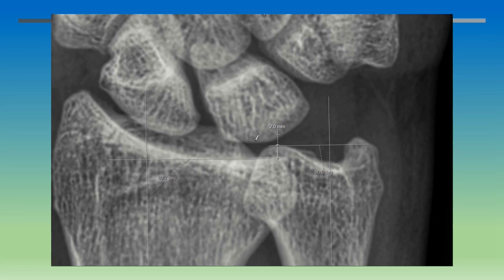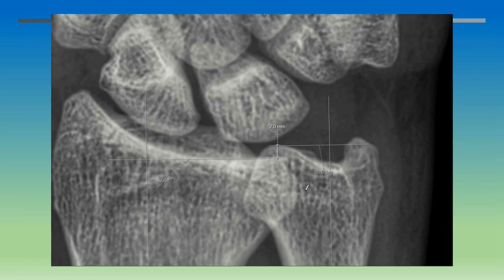And you can see that there's compression here taking place at the ulno-lunate joint. There's compression taking place here at the ulno-triquetral joint here. And the connective tissue spacing in here, including the articular disc and all of the ulnocarpal ligaments here, are being compressed and impacted and compacted as the space becomes compromised due to this positive ulnar variance.